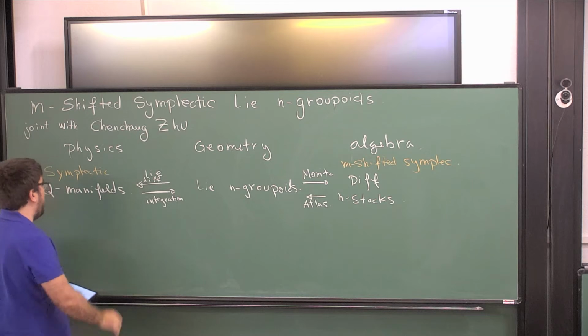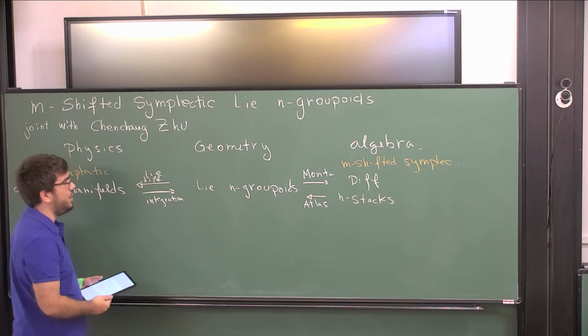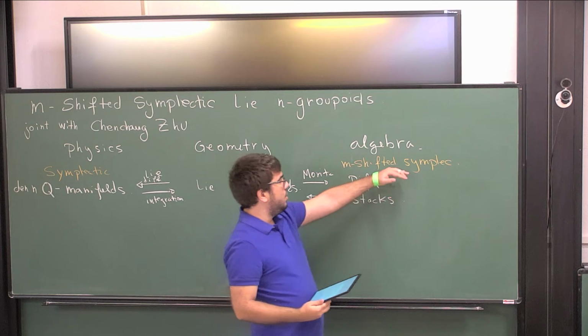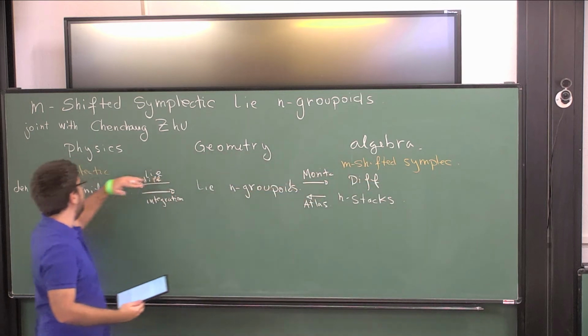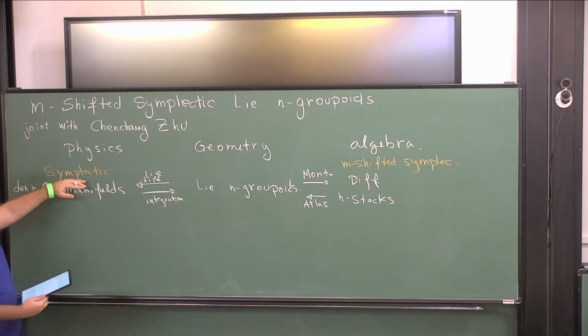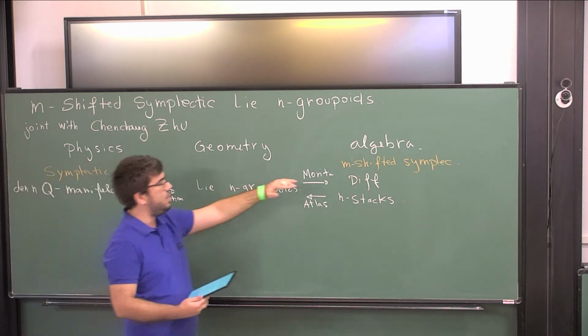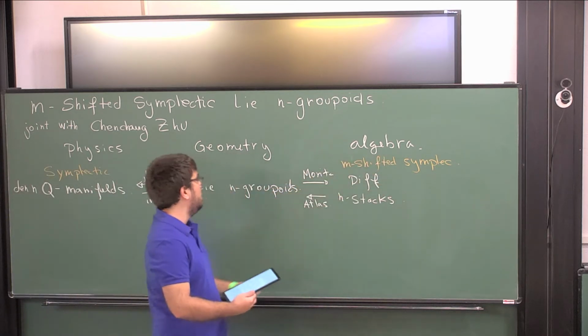Well, the history is more complicated than this diagram, but it's illustrative. What happens is that this world and this world are not exactly the same, because the symplectic here is not, let's say, up to homotopy. So in general, the symplectic degree n Q manifolds are more restrictive than the shifted symplectic ones.